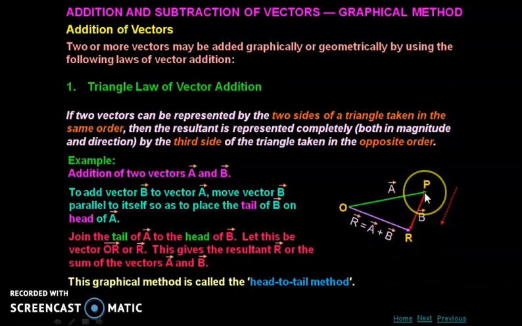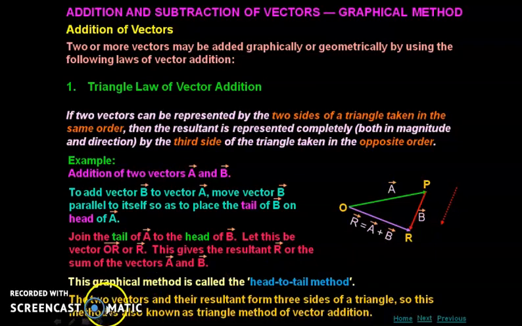The point where these two vectors are joining is point P, and at the point P, the head of the first vector is joined with the tail of the second vector. So at point P, the type of joining is head of first with the tail of second. This is why it is called the head to tail method. So this is known as the triangle law of vector addition, also known as the head to tail method.